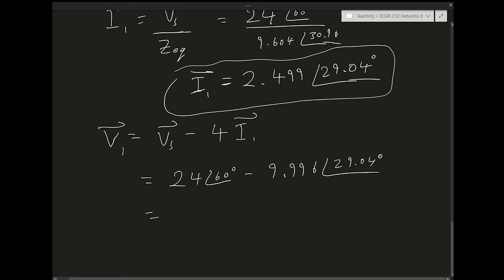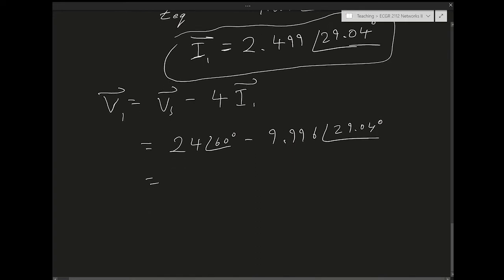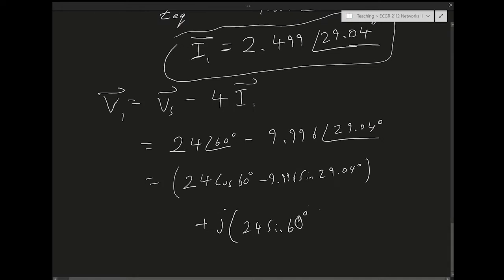You can sum this directly, but you have to convert this to rectangular form because it's easier to sum in rectangular form, right? So in your calculator, you would say the real part is 24 cosine 60 degrees minus 9.996 cosine 29.04 degrees, plus j, and then the imaginary part is going to be 24 sine 60 degrees minus 9.996 sine 29.04 degrees.